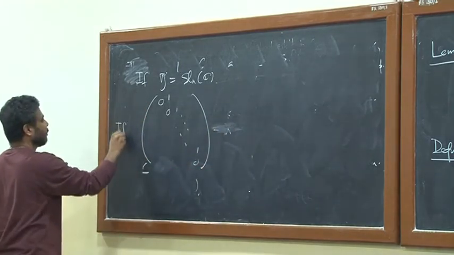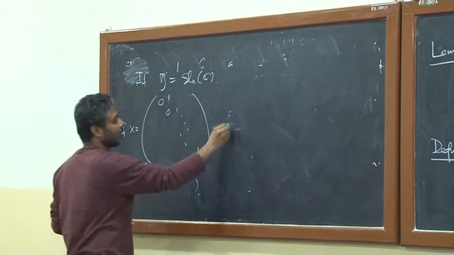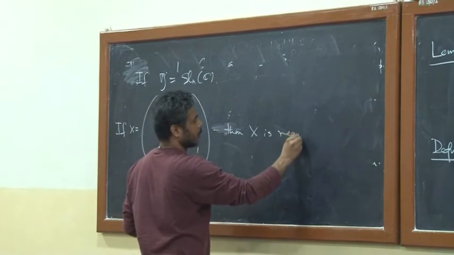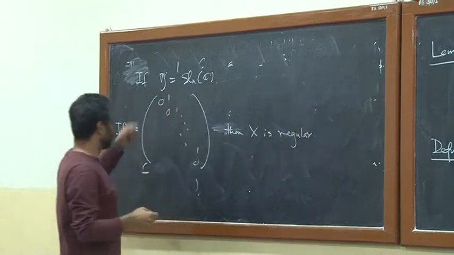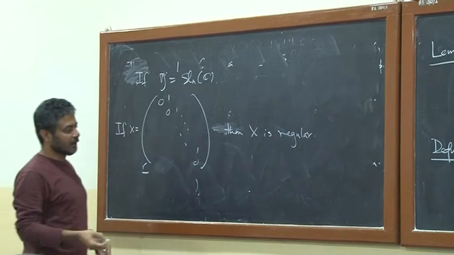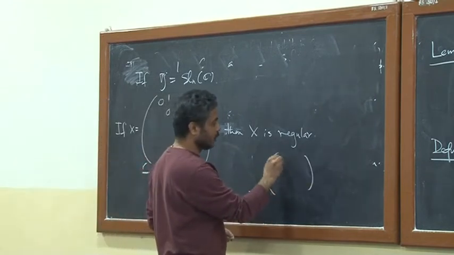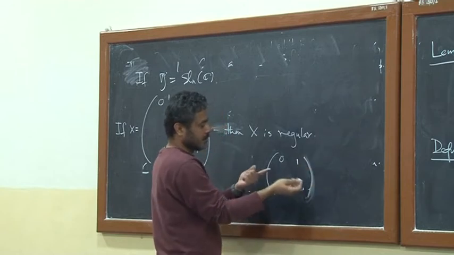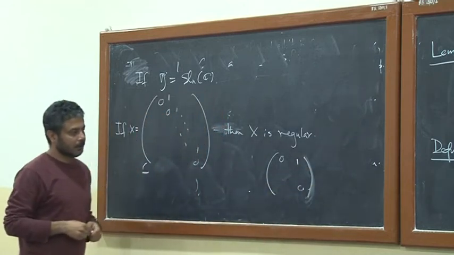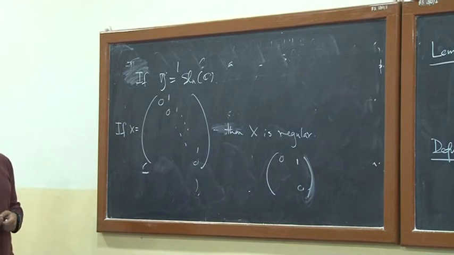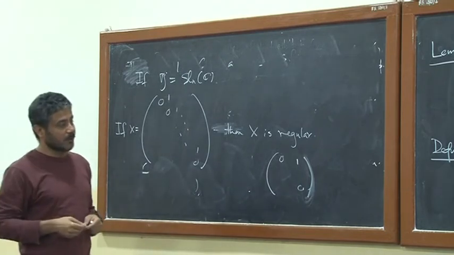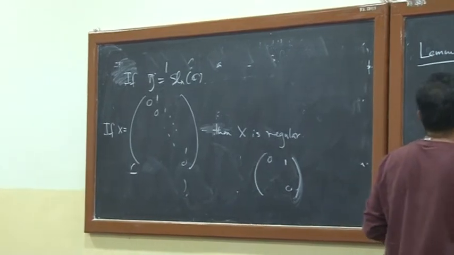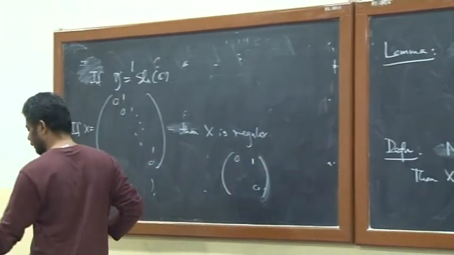You take x to be this. And in the simplest case of SL_2(C), this is an example of regular. So if I take such orbits, then we have this.